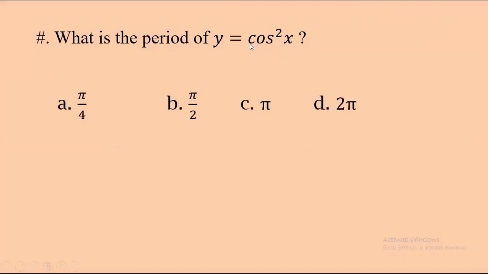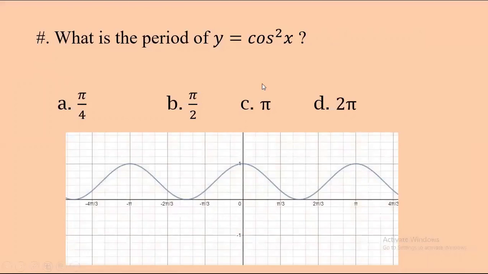Here also we will do the same thing. We will divide by this power. Here it is 2, so we will divide the basic period by this 2. So what is the period here? Basic period is 2 pi, and if we divide by 2 then it is only pi.